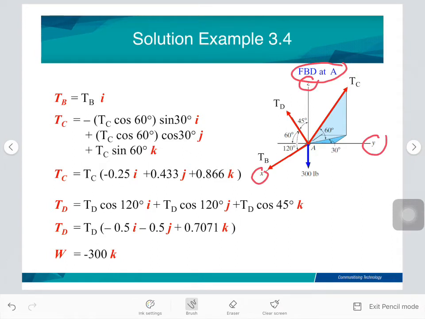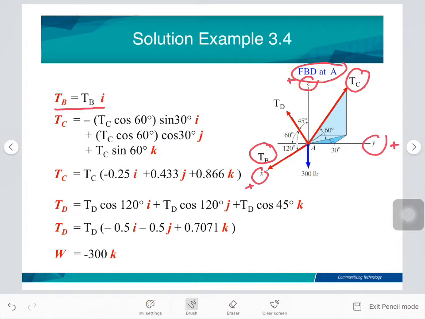This is positive X, positive Y, and positive Z. Whatever is in the opposite direction becomes negative. Now TB lies in the X direction, which means we have TB i. And then take a look at the tension TC here. Now we need to express TC in ijk.